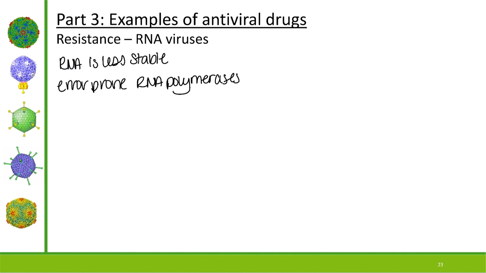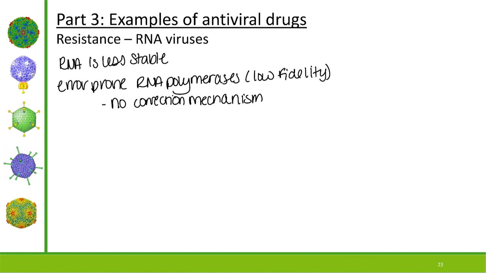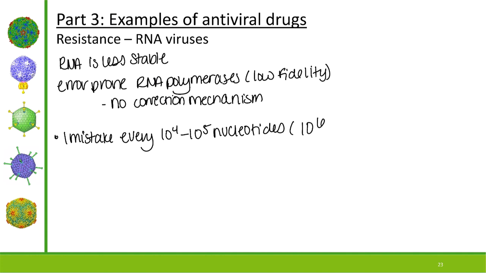And when we say error-prone, we of course mean low fidelity, and they typically have no correction mechanism. To put into perspective what that means, you get one mistake every 10 to the 4th to 10 to the 5th nucleotides, and that is 10 to the 6 times more error-prone than DNA polymerases.